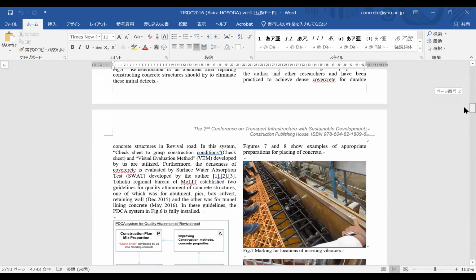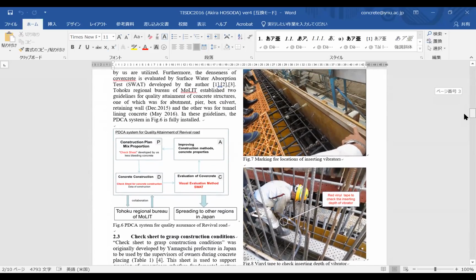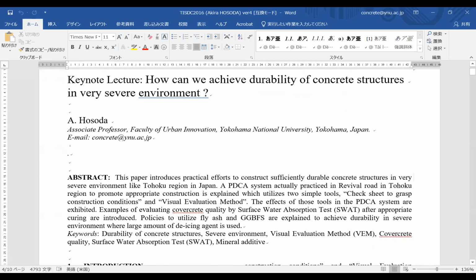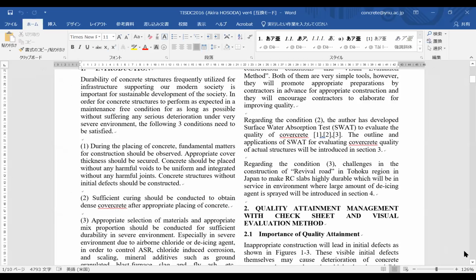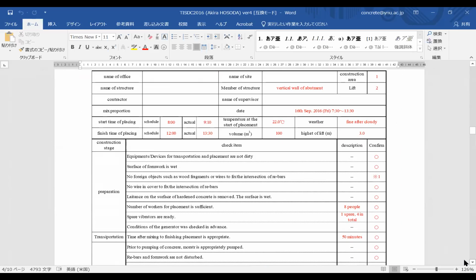I need to explain this one. I already explained that the one check sheet was developed in Yamaguchi Prefecture. Let's see in detail.